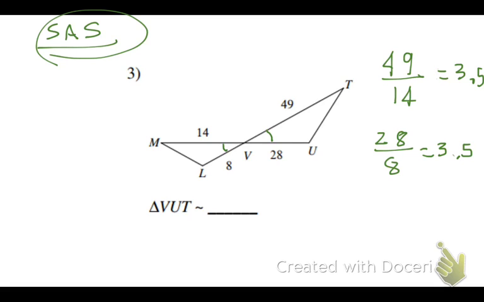Angle V corresponds to angle V. So we've got triangle V, and then U is going to correspond with L, and T is going to correspond with M. So triangle VUT corresponds to triangle VLM.